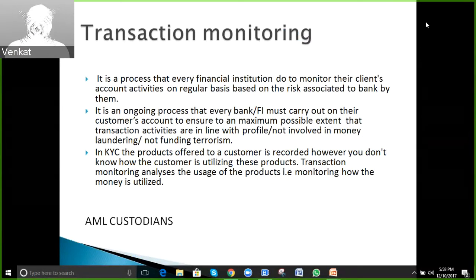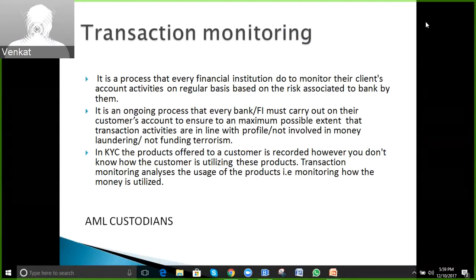Whenever we talk about transaction monitoring, no offense to the KYC world, but transaction monitoring plays a vital role in customer information, because when we categorize a customer there are four stages. Stage one is CIP, where we have the customer information.